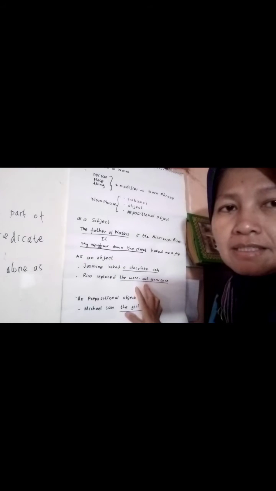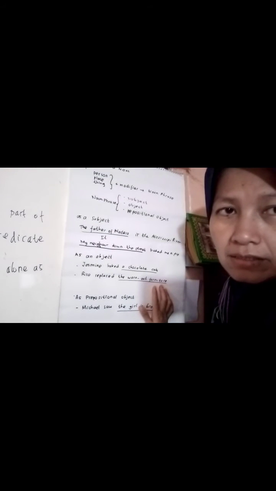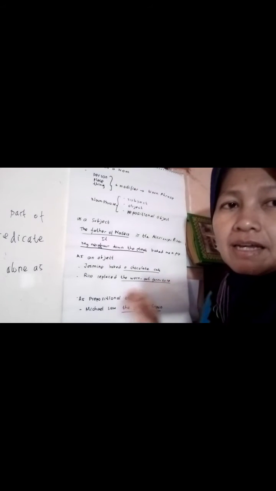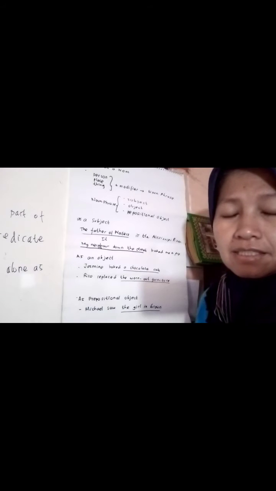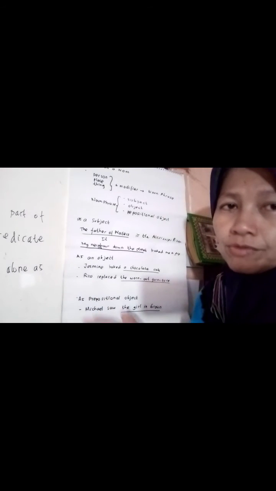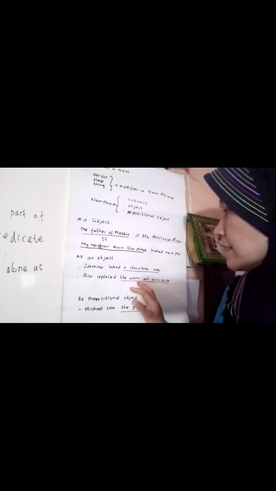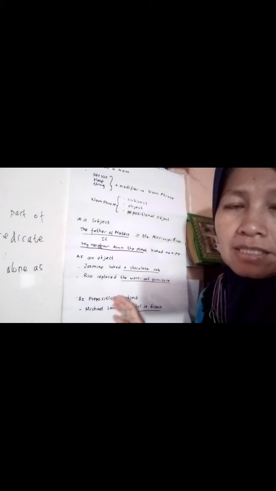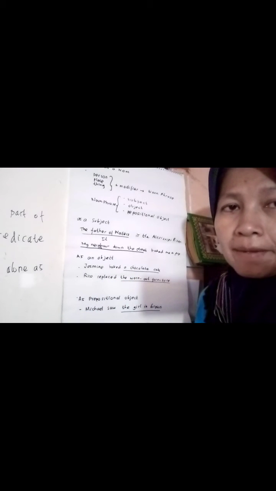Worn out is the adjective and furnitures is the head. In my language, it's the other way around. The head goes first. I will translate the worn out furniture as perabot yang sudah lama.